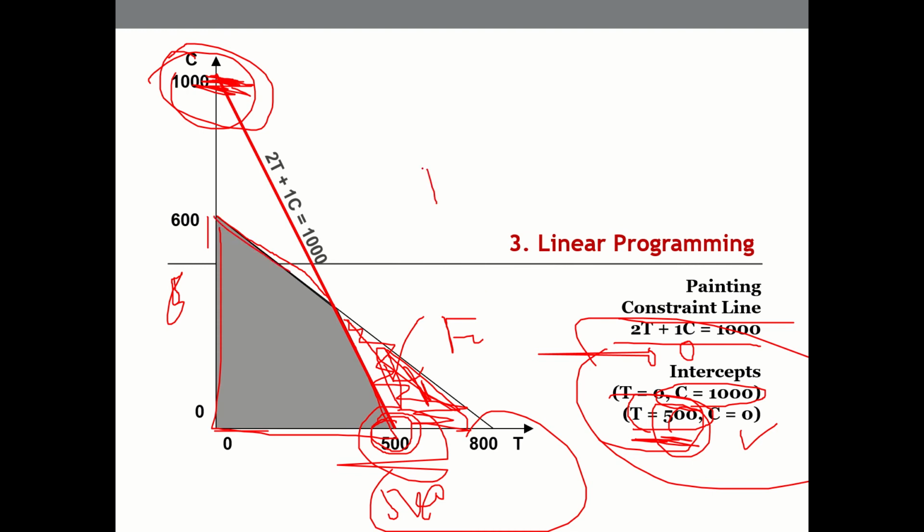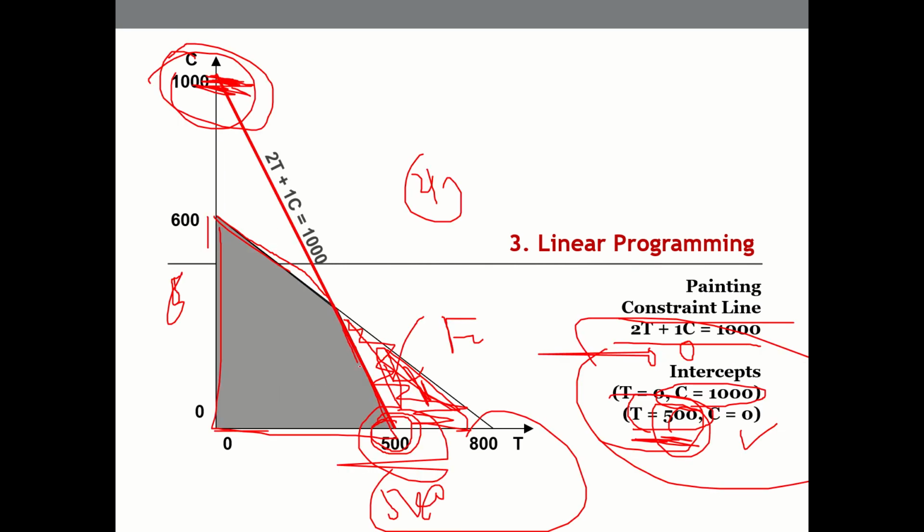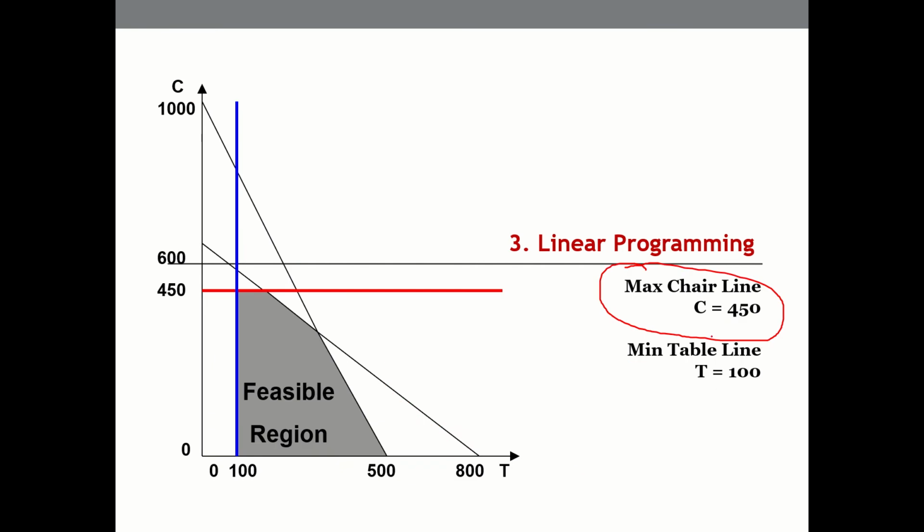So this is the second step that we have taken. Now the third constraint that we have is the maximum chair line. Here we had a constraint that we can't go more than this. Only a maximum of 500 tables can be made. However, if you see this diagram, we can make 700 chairs also, 800 chairs also, as per this diagram. However, we have a third constraint which said no, you cannot make more than 450 chairs.